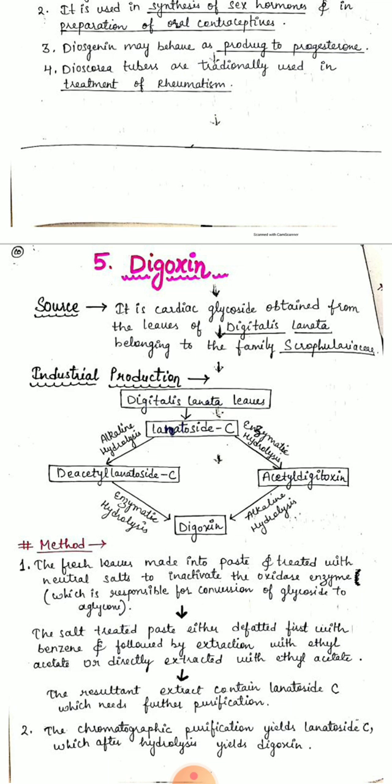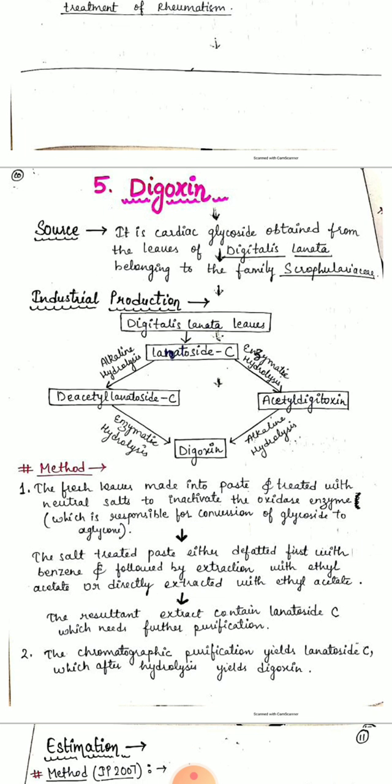Like first we do alkaline hydrolysis and then enzymatic hydrolysis, or we can switch the method: first enzymatic hydrolysis and then alkaline hydrolysis. Let's see.